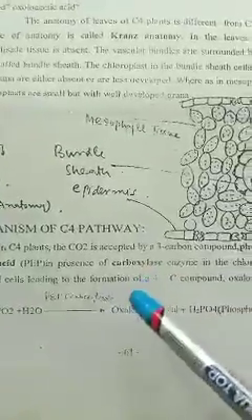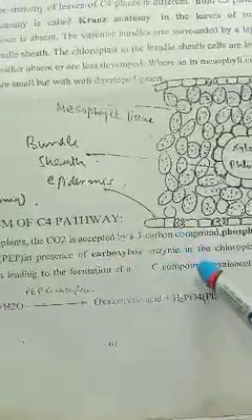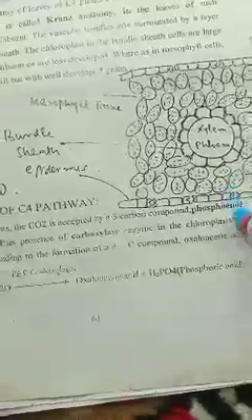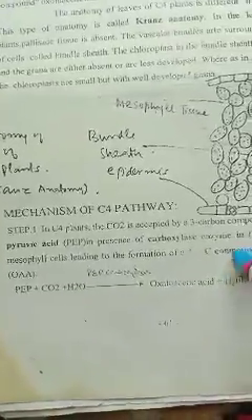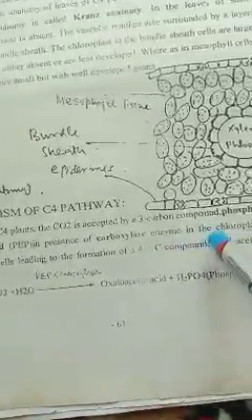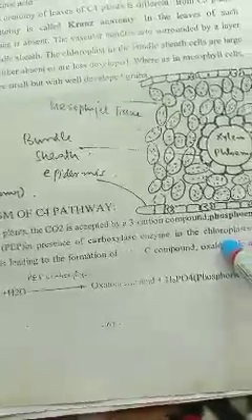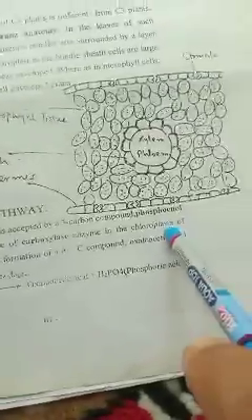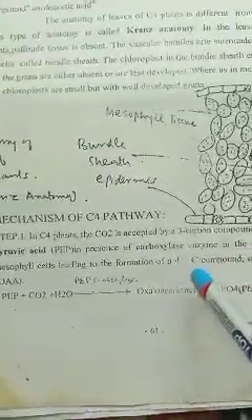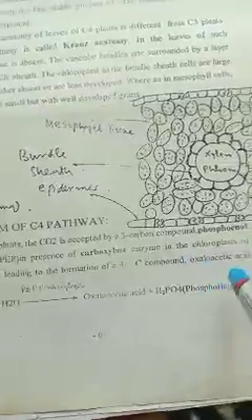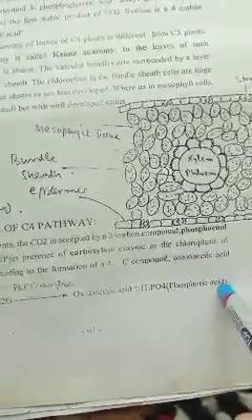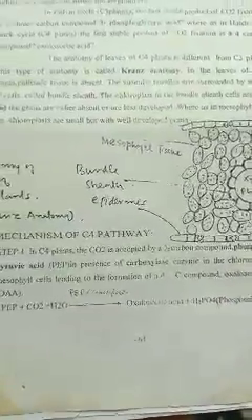In C4 plants, carbon dioxide is accepted by a 3-carbon compound, phosphoenol pyruvate, in the presence of the enzyme carboxylase in the chloroplasts of the mesophyll cells, leading to the formation of a 4-carbon compound, oxaloacetic acid.